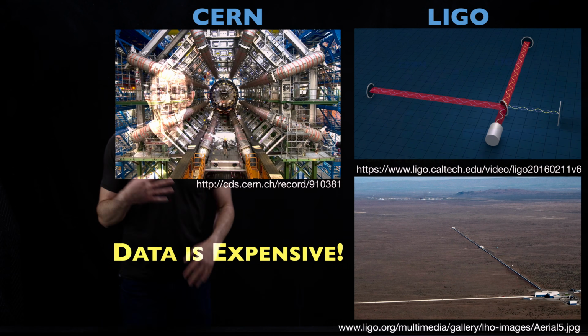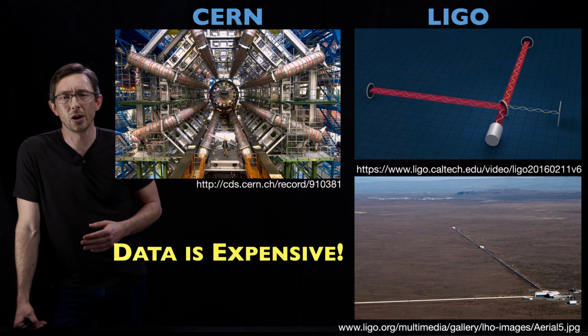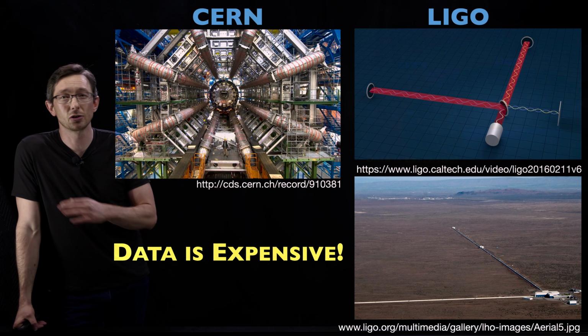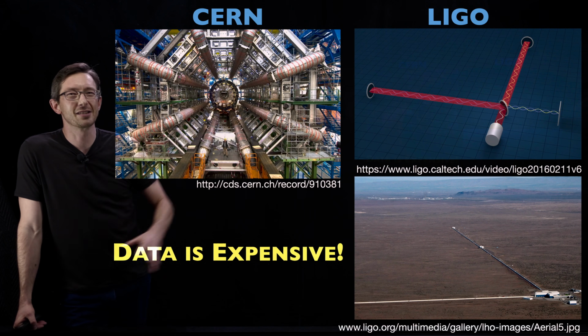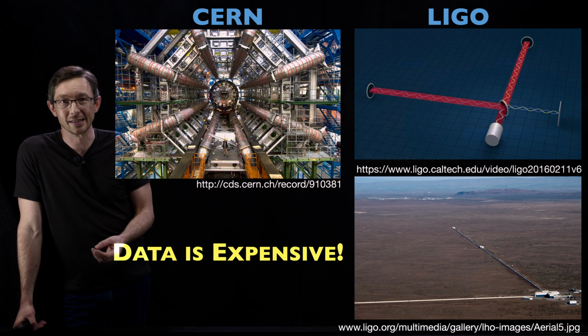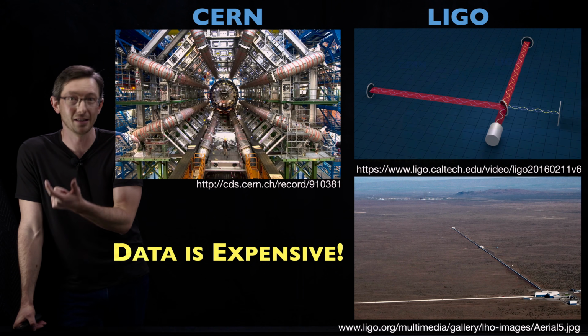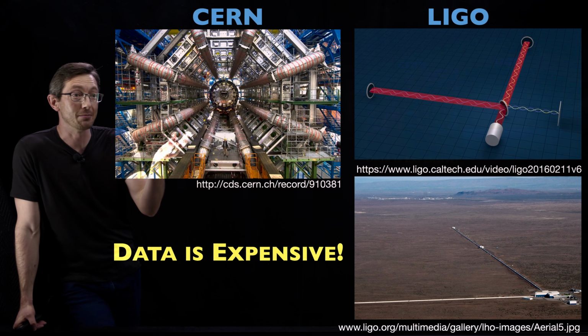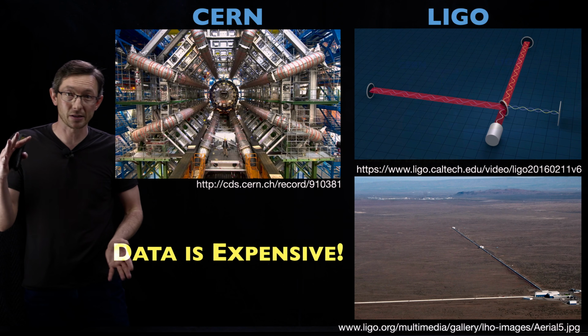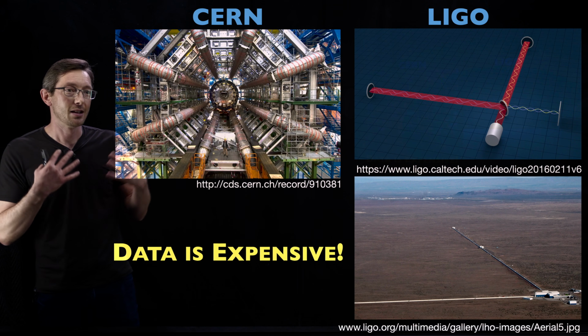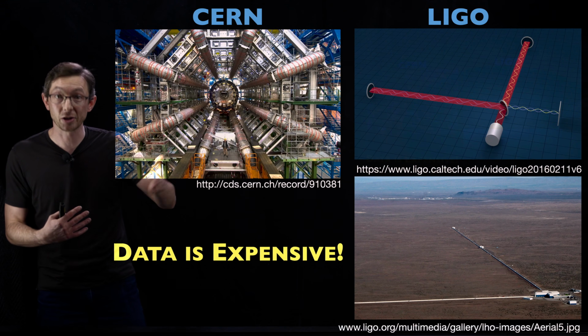Okay, other things that are really important to note is that oftentimes your data is super, super expensive. Think about CERN or LIGO. These are billions of dollars experiments that give us a few data points, okay? Again, this data might be big in some dimensions, but it's very sparse in other dimensions, very expensive measurements.